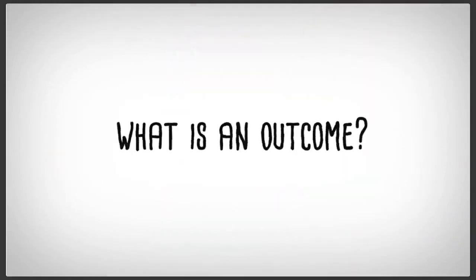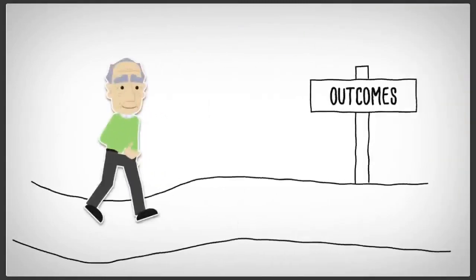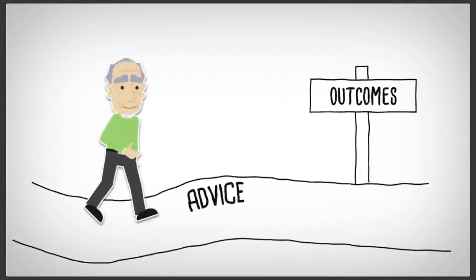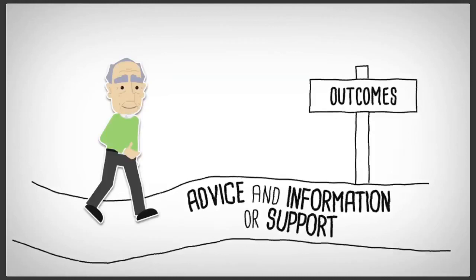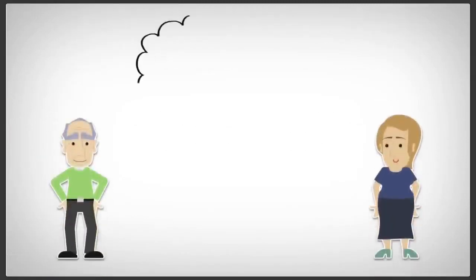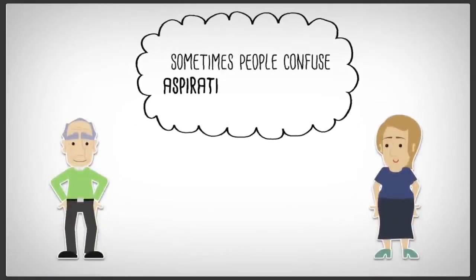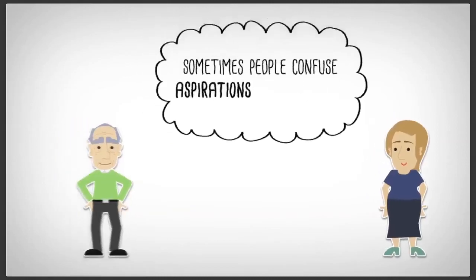What is an outcome? Support plans need to detail the person's outcomes. An outcome is what a person will have achieved as a result of any advice and information or support. Developing outcomes. Some common mistakes. Sometimes people confuse aspirations and outcomes and avoid writing down what is important to people because they are worried that people won't achieve it.